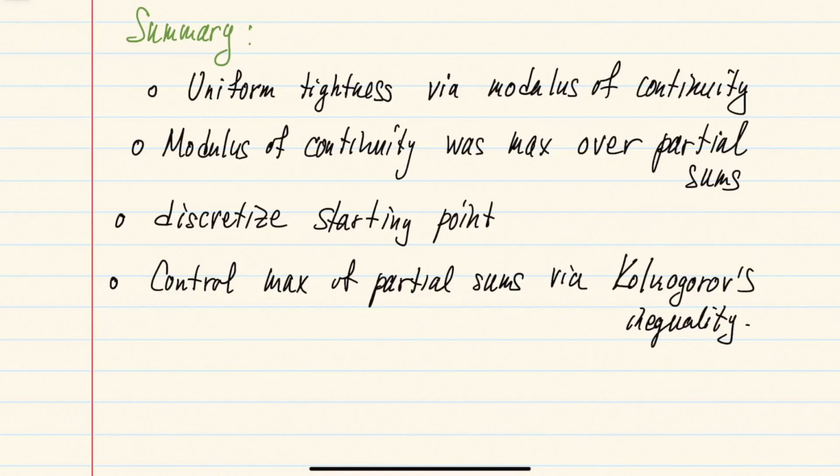So we have to use this characterization using modulus of continuity, and so we have to see in a specific situation what the modulus of continuity looks like and how we control it, what kind of inequalities or other ideas are involved in order to control that probability and to show that this condition for the modulus of continuity holds and uniform tightness for our processes holds. So we'll see another example of this in the next section.